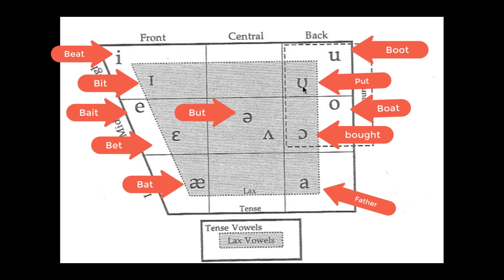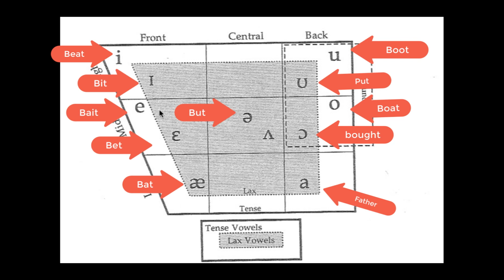We don't have a word starting with a B, so we would say put. But I can use B words in most of these. Beat, bit, bait, bet, bat, but, boot, boat, bought. But this one is put, and we have here father, pot. Okay, so that's the vowel chart.